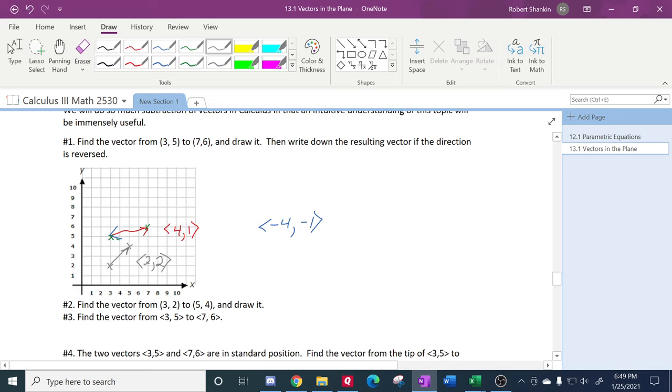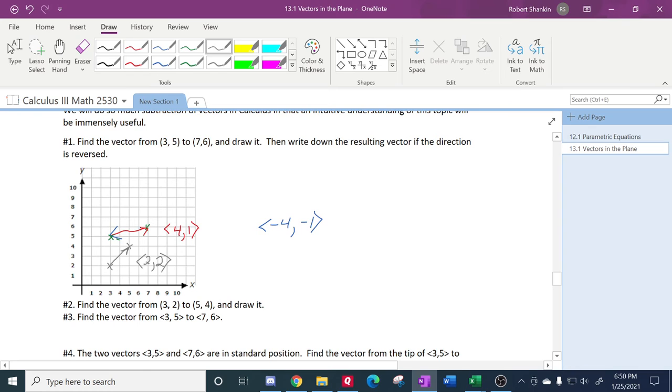And then number 3, find the vector from 3, 5 to 7, 6. Now, that's the same problem that we just did over here. But notice, it says from, these are in vector form, while these were in point form. The point form ones make intuitive sense, going from this x point to this x point.